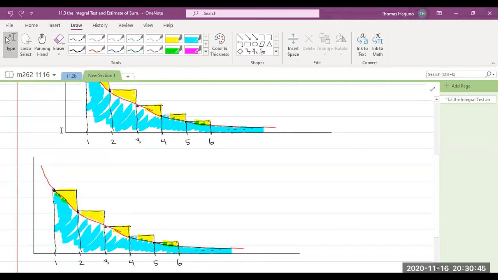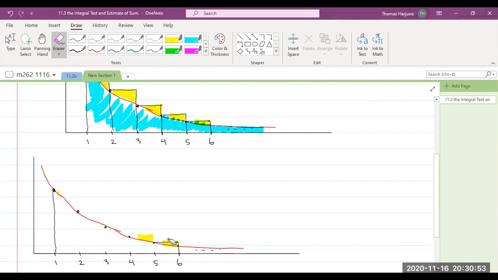But this time, my graph will be done in the following way. I want to erase this. Okay, good. Instead, I will do it this way, going backward.